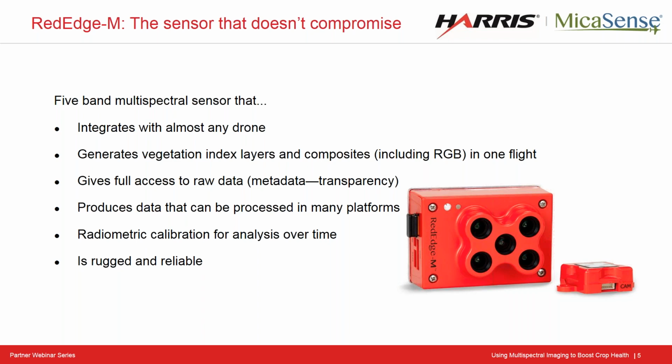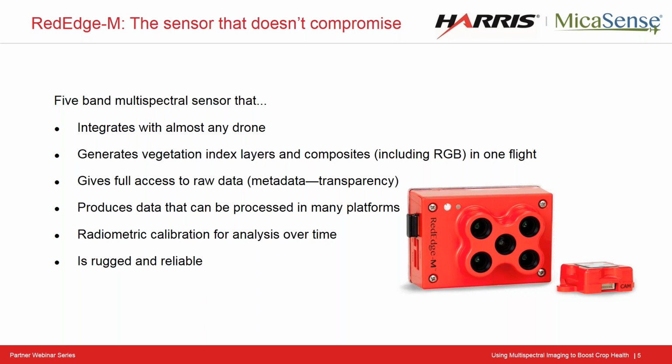And related to that, the data that's collected can be processed in many different platforms, so you're not pigeonholed into one particular processing solution. Another thing is that with the camera kit, we provide you with the hardware components that allow for radiometric calibration for analysis over time. And we'll talk more about what the radiometric calibration means and why that's valuable in a few minutes. But one of the components you can see on the screen here on the lower right-hand side is the downwelling light sensor. And then we also send a calibrated reflectance panel that you'll see a picture of in a few minutes.